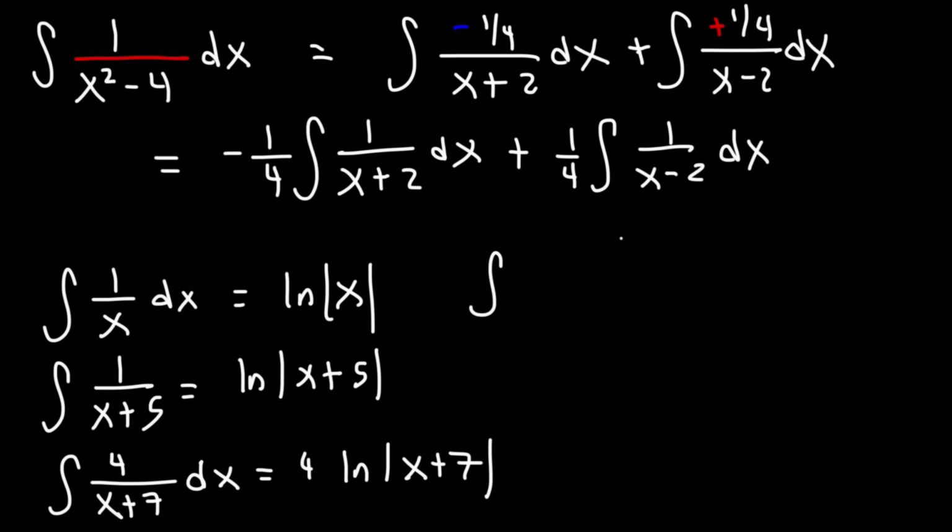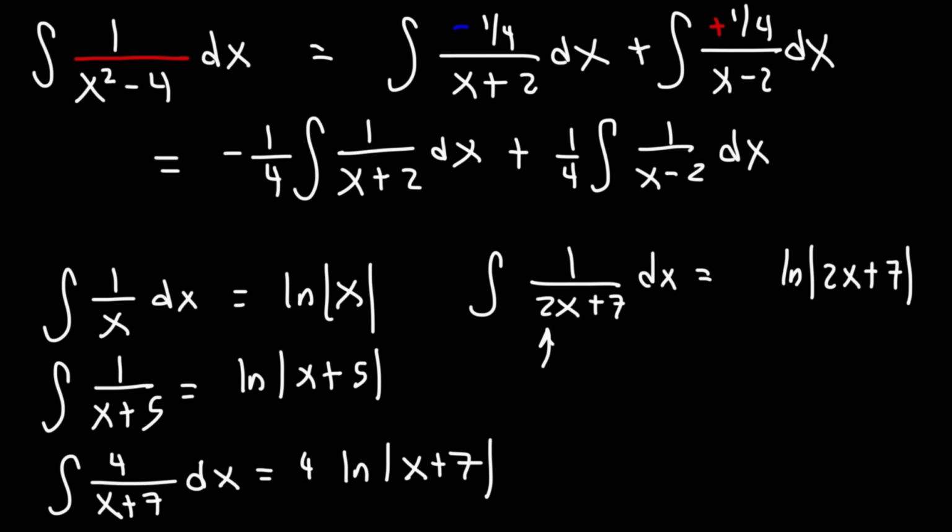Now let's say we have the antiderivative of 1 over 2x plus 7. This is going to be ln |2x plus 7|, but we need to take into account the 2 in front of the x. The derivative of x is 1, so when you divide by 1, the answer doesn't change. The derivative of 2x is 2, so we need to divide by 2.